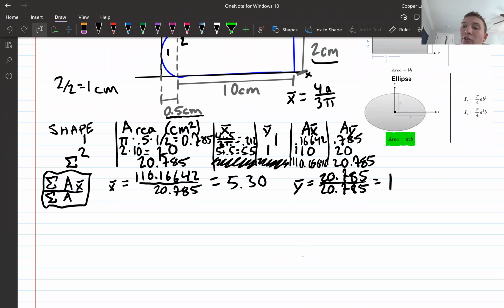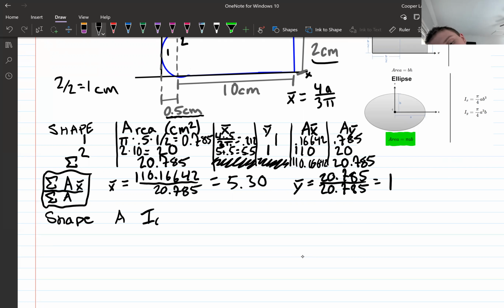So now that we have our centroids, we're going to start working on getting our inertia and our moments of inertia with respect to the centroid. In doing that, we're going to create a chart that's very similar. We're still going to do our shape and our area again. Except instead of writing x bar and y bar and then ax and yx, we're going to start calculating out our inertias.